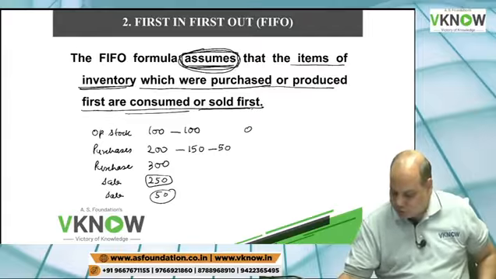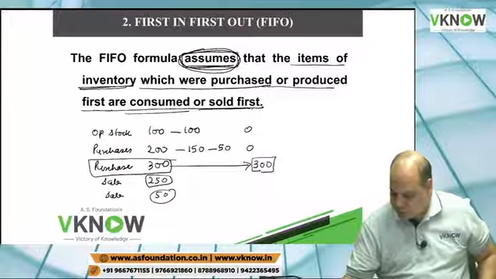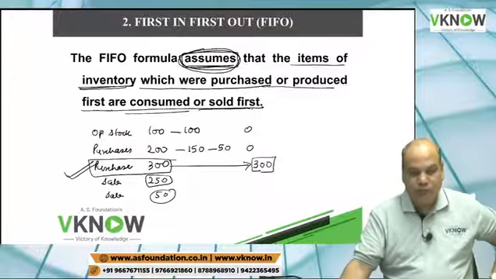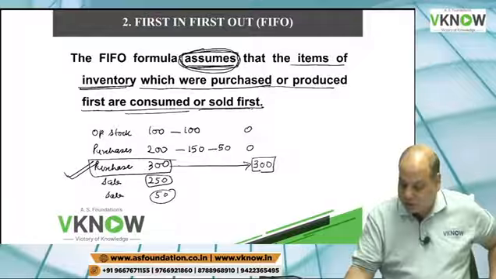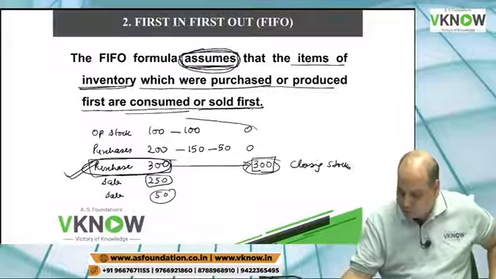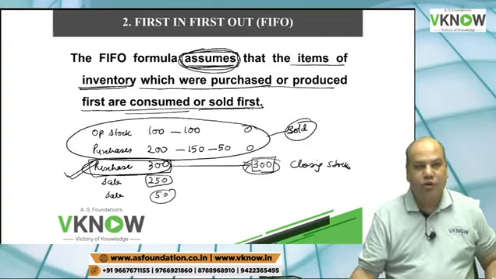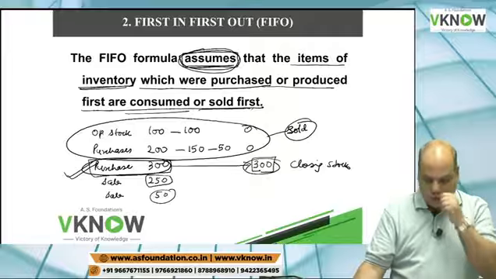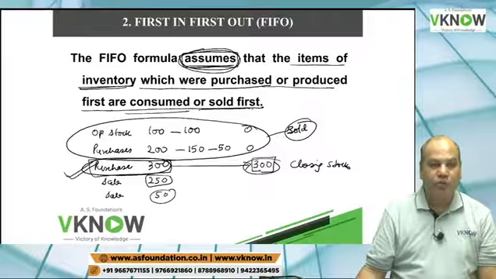So this will become 0, this will become 0. What remains in closing stock is 300 units, which is the second purchase made, and you will assume that these two have been sold. So goods which will be purchased or produced first will be sold first.